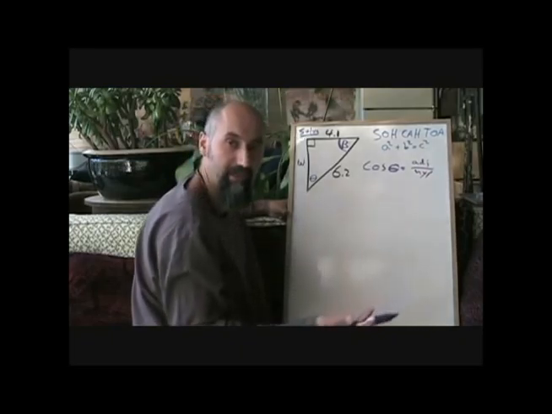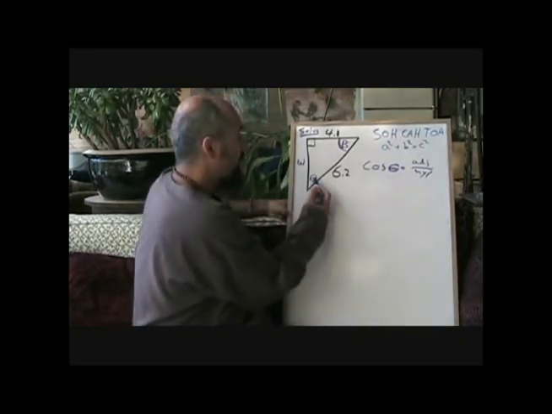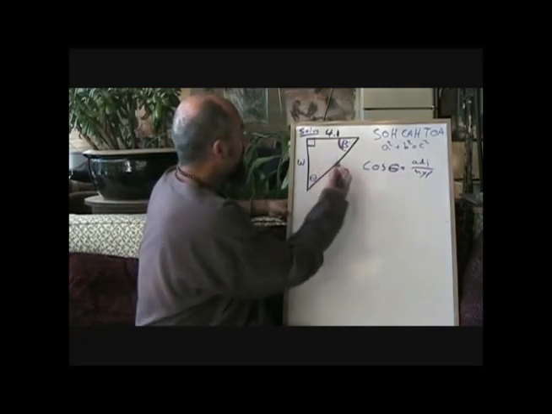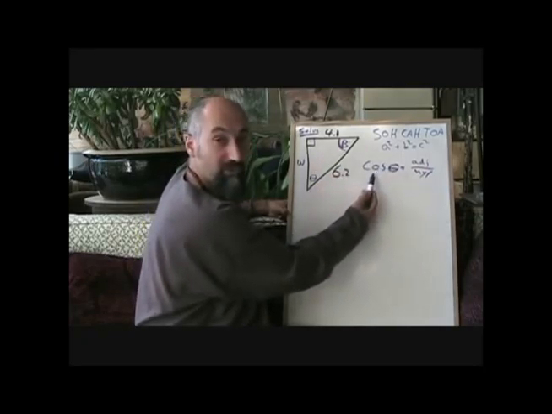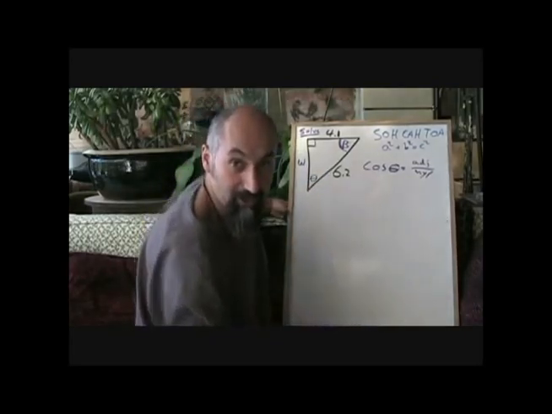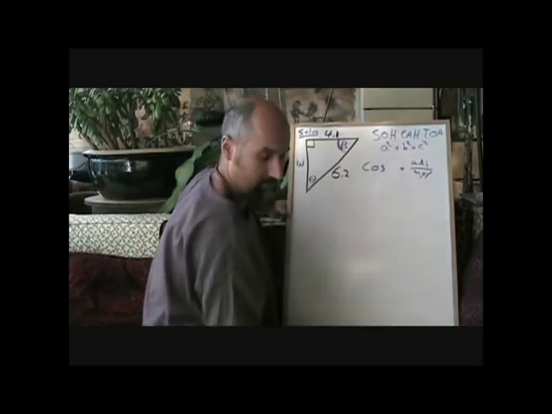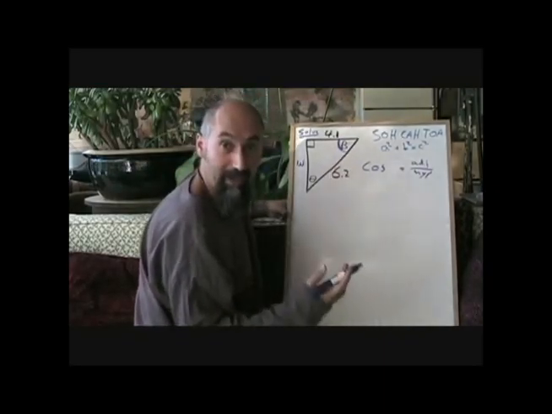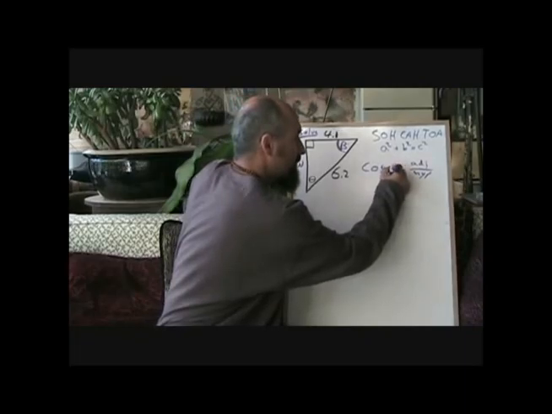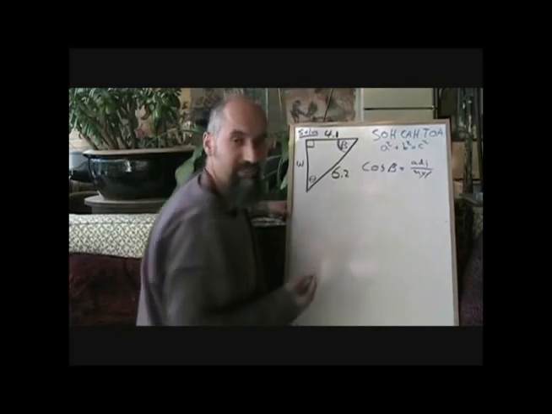I'm just saying theta, which is a general term for an angle. If you're actually solving for theta, you couldn't use cosine because you don't have the adjacent here. So just so you don't get thrown off, I'm going to change this theta to the angle that we're actually solving, which is beta. Okay? So cos beta is equal to adjacent over hypotenuse.